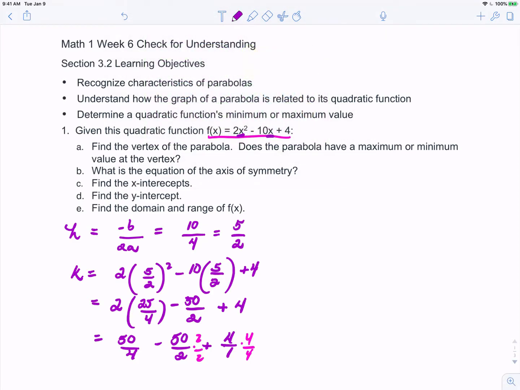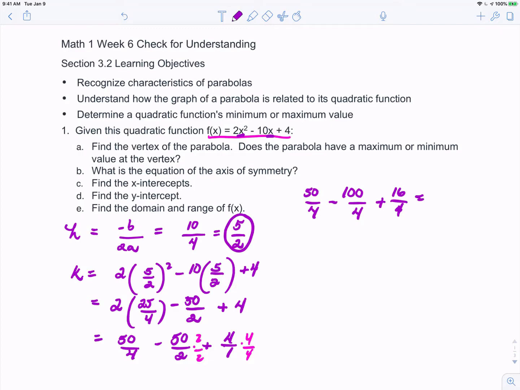So don't let the fractions intimidate you. Focus on the process. The process is finding h, and then once you have h, plugging it into the function to find k. All right, so we're almost there. So we have 50 over 4 minus 100 over 4 plus 16 over 4. Let's go ahead and work that out.